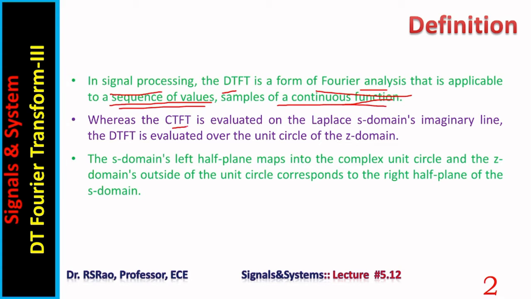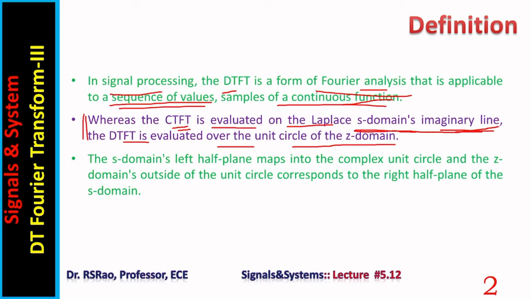Whereas CTFT stands for continuous time Fourier transform. CTFT is evaluated on the Laplace S-domain's imaginary line. The DTFT is evaluated over the unit circle of the Z-domain. This is an important aspect one has to keep in mind.